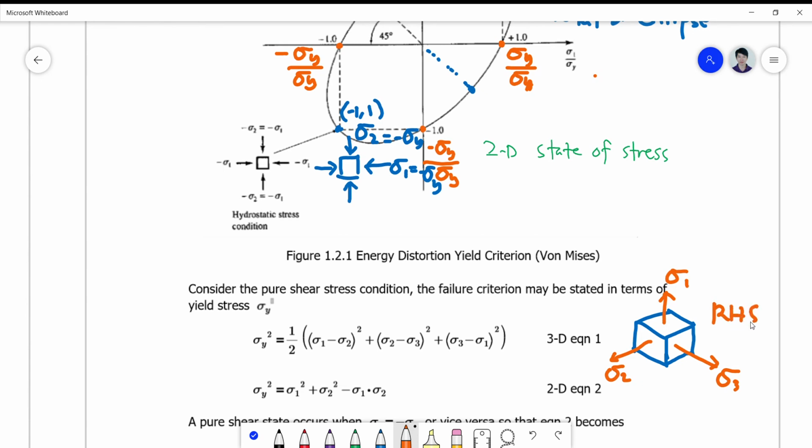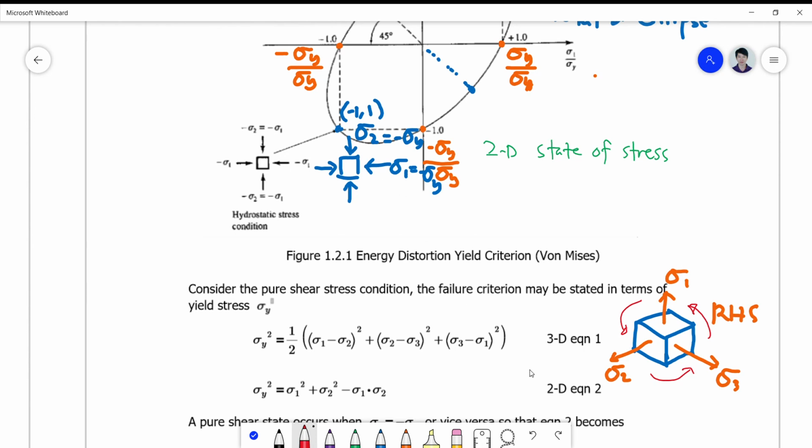When you say a right-handed coordinate system, we refer to a counterclockwise permutation of values: sigma 1 going to sigma 2, sigma 2 going to sigma 3, and sigma 3 going back to sigma 1. But the graph here is a two-dimensional state of stress.